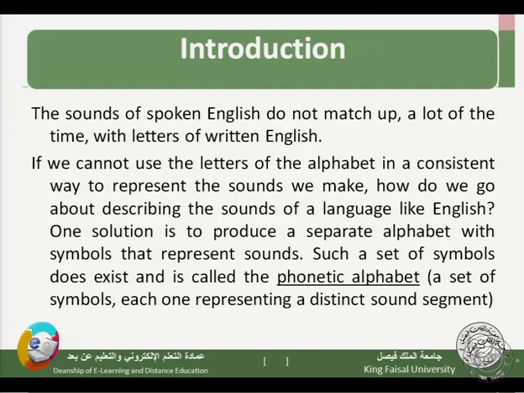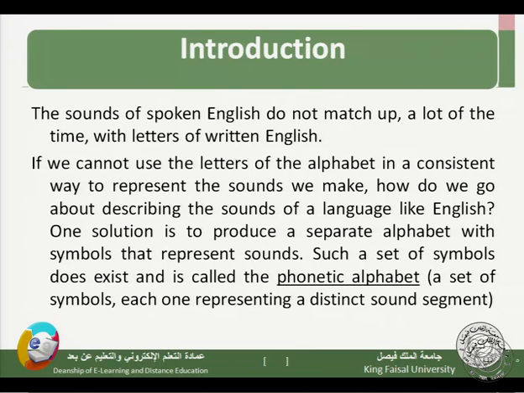A solution to this is to produce a separate alphabet with symbols that represent sounds. That means we have the English alphabet A, B, C, D, etc., but we have another alphabet, not for what is written, but for what is pronounced.